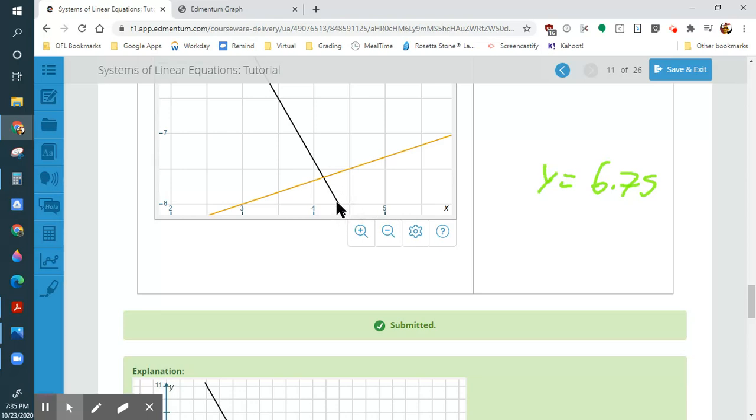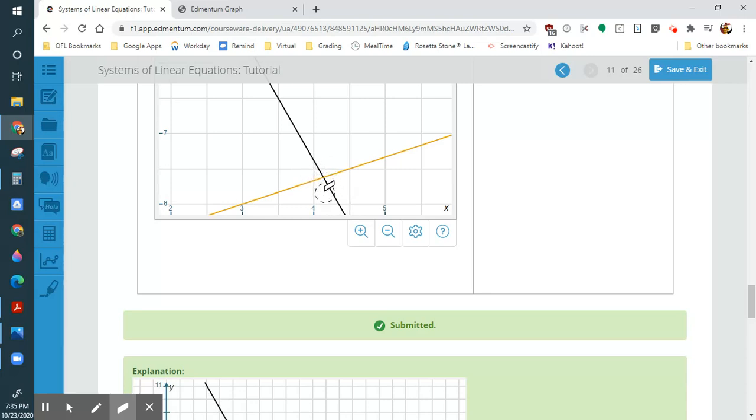So because it's not at the halfway point, oh shoot, I just realized this isn't at the halfway point either. They are really getting tricky with these. I'm sorry, guys. I thought this was our 7.